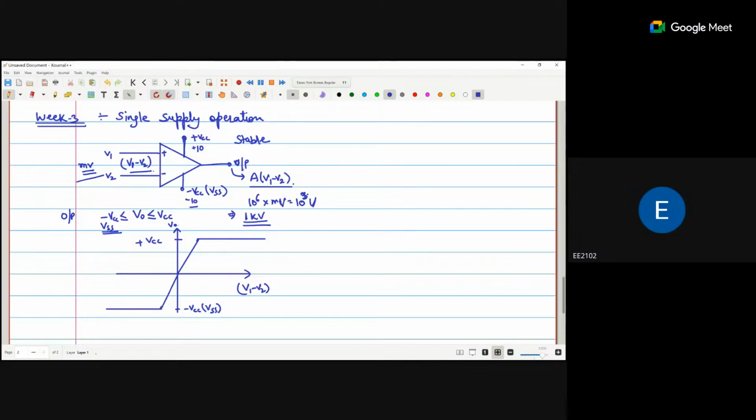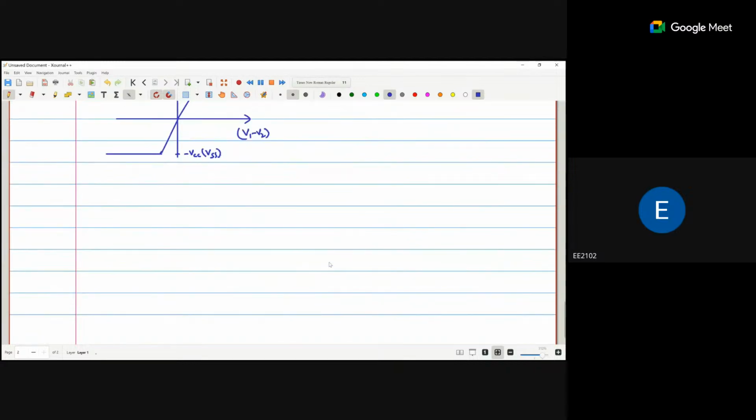Now the problem is that if the dual supply is there, you require two different voltages: one is plus VCC, the second is minus VCC. Now how do you get plus 10 or minus 10? You have a supply voltage of 220 volts, and you have to reduce it to 10 volts.